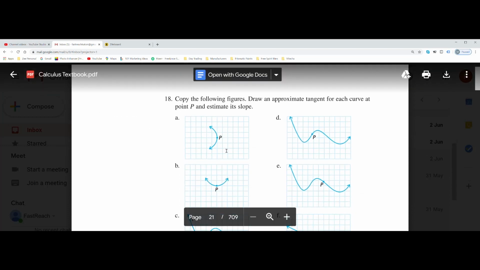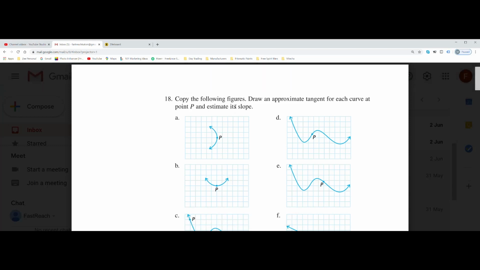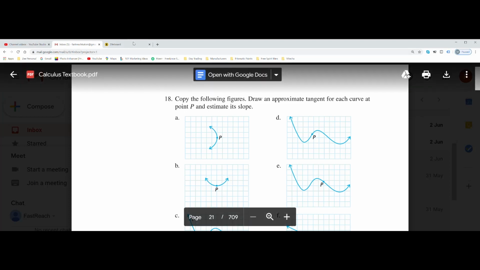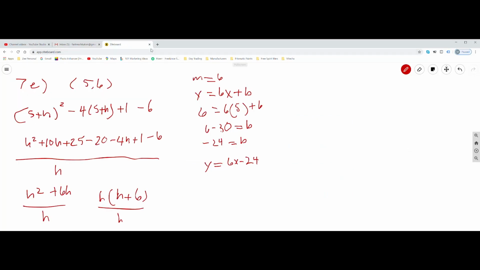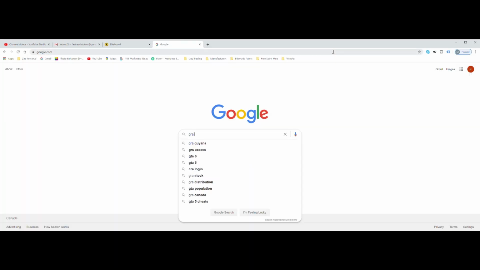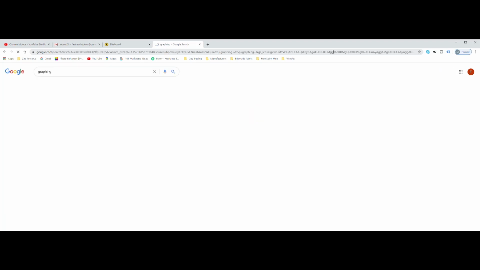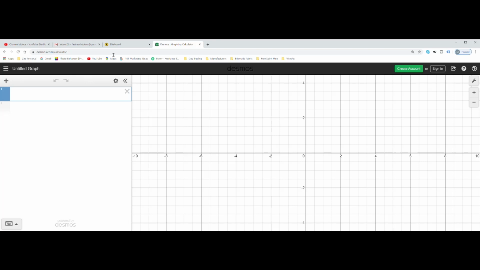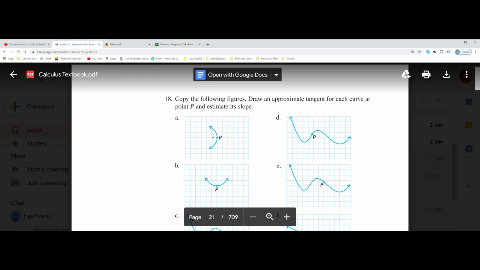18a is copy the following diagrams, draw an approximate tangent for each curve and estimate the slope. This is estimating. Okay, so let's look at this one.